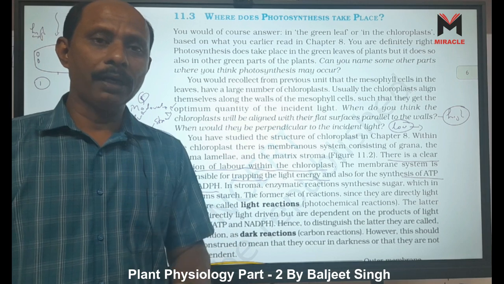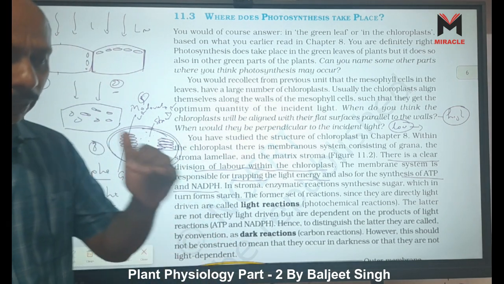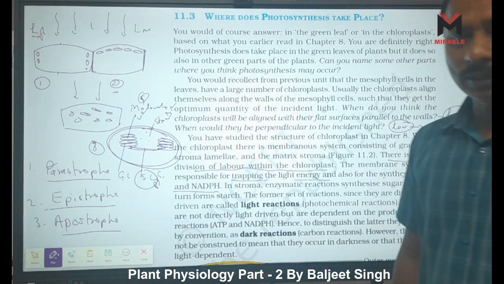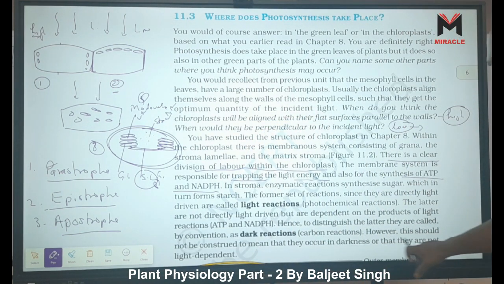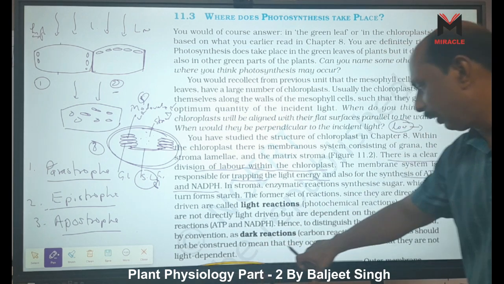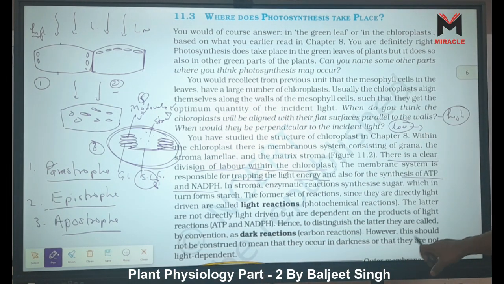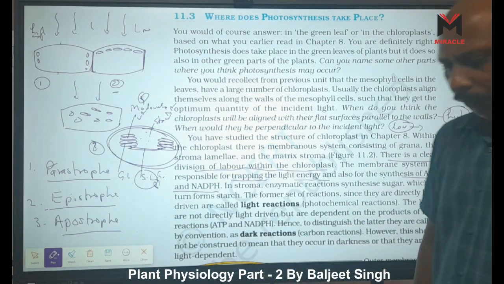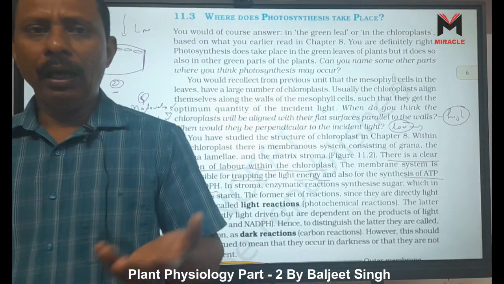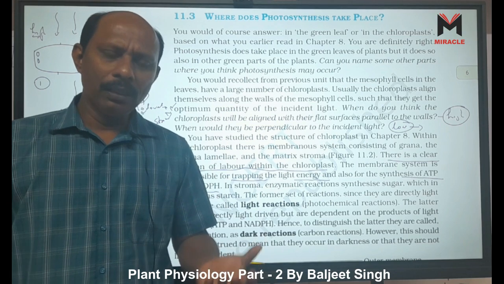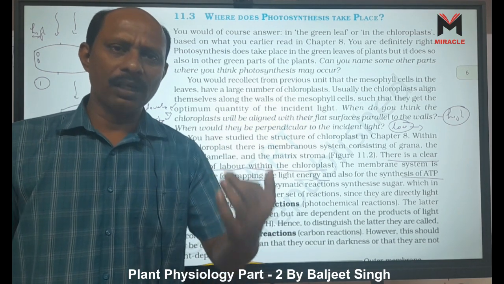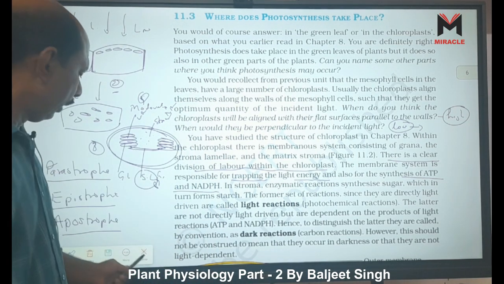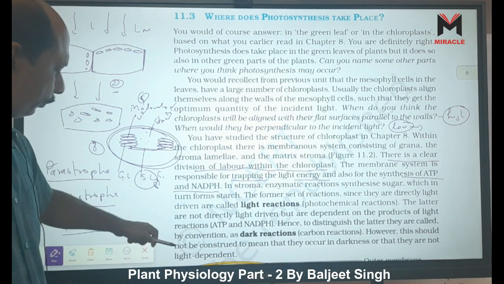They depend on the products of the light reaction, so they continue up to the availability of ATP and NADPH, which are products of sunlight. We can say they are indirectly dependent on the light reaction, because NADPH and ATP are formed in the light reactions.